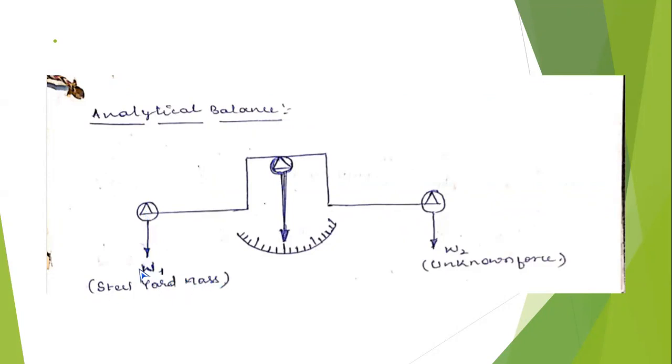In case of metric system, that is the dead weight of 1 kg or 2 kgs or 500 grams or 200 grams or 100 grams. That is W1. Here you have the knife edge, which is connected to the dial.